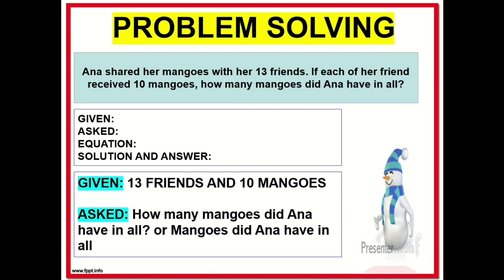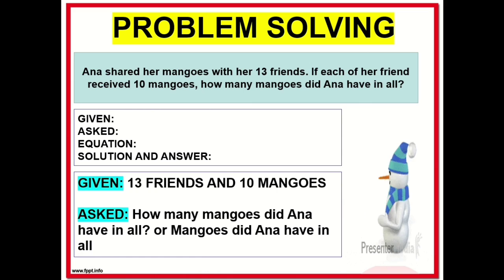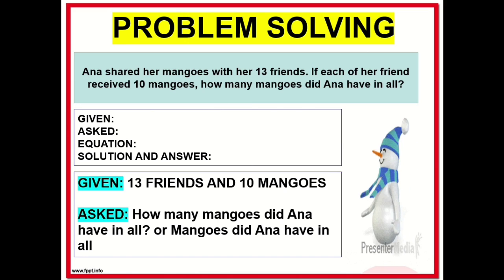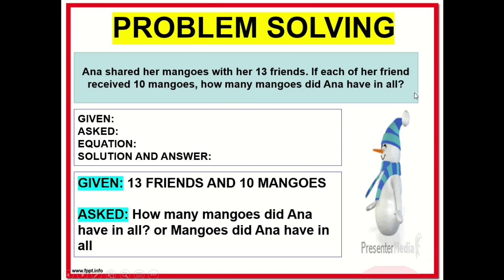The given are 13 friends and 10 mangoes. Next, asked: how many mangoes did Anna have in all? What is asked is usually associated with a question mark.